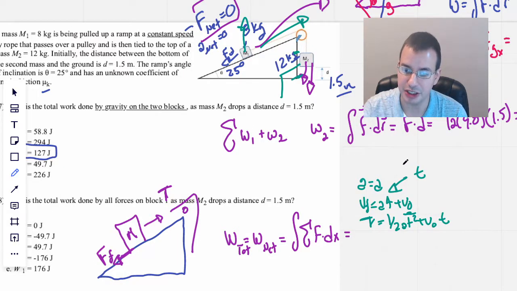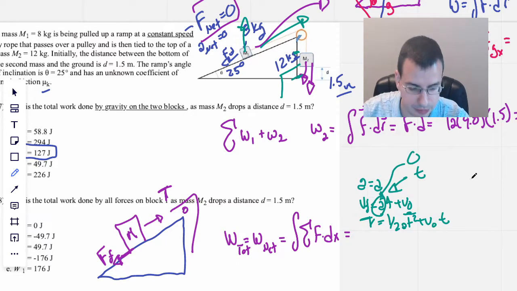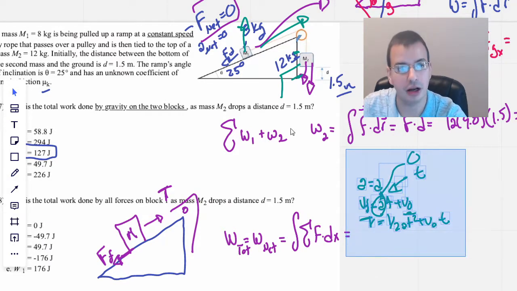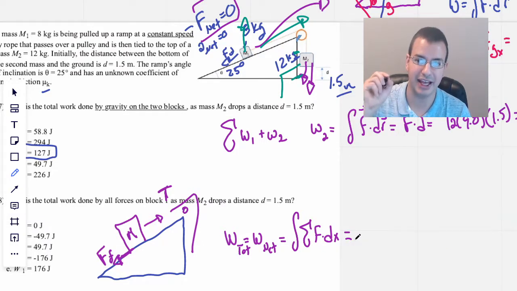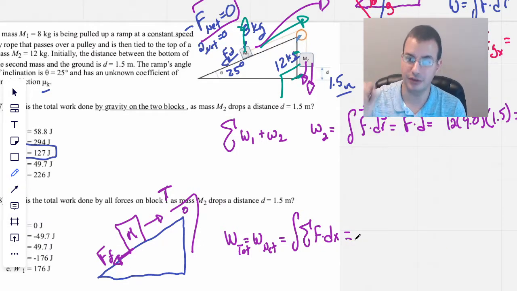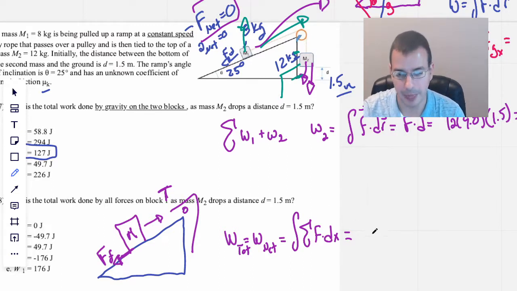That means that a, this part right there, has to equal 0. So constant speed is telling us that we have a net acceleration of 0, which is going to give us a net force of 0, or a total force of 0. So this is going to be 0.